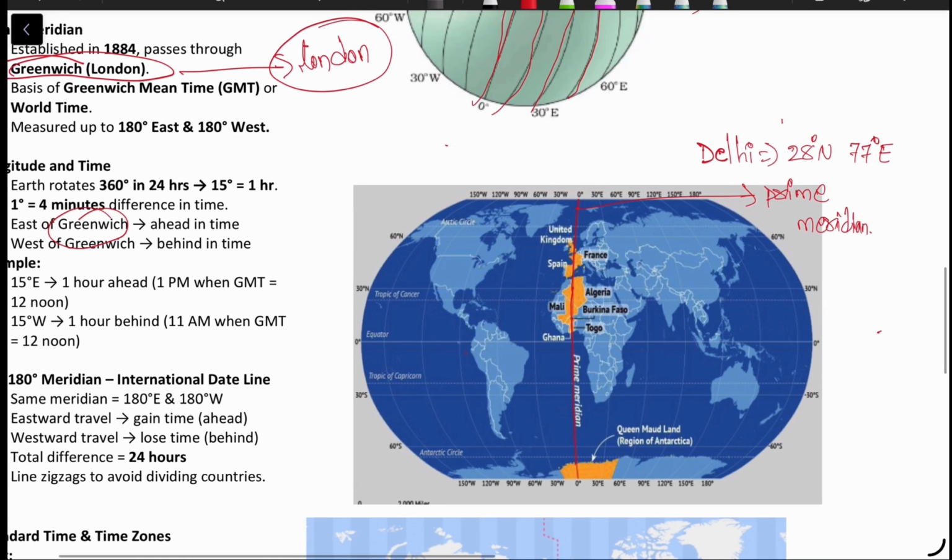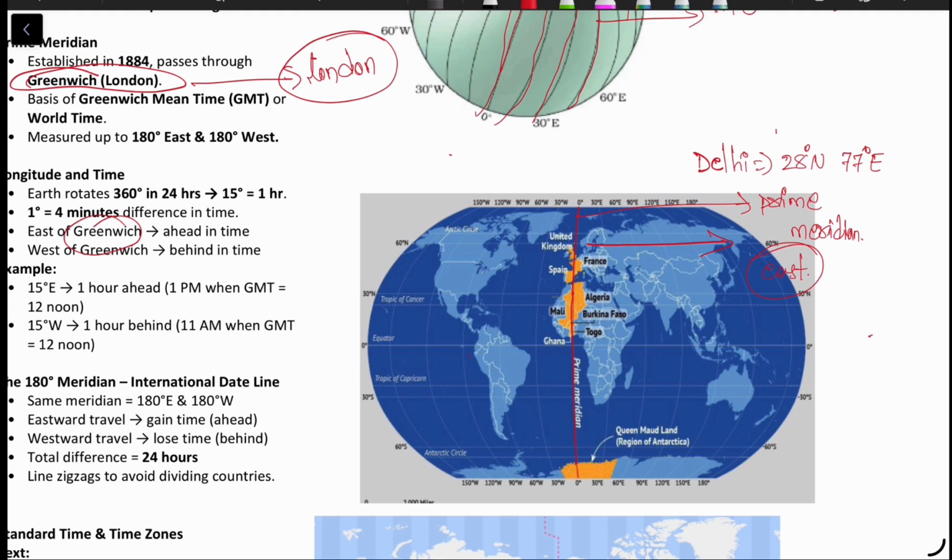The degrees present towards the east of this meridian are called the eastern meridians, or east of the prime meridian, or east of the Greenwich meridian, and those longitudes present to the west of the prime meridian are called the west meridians.